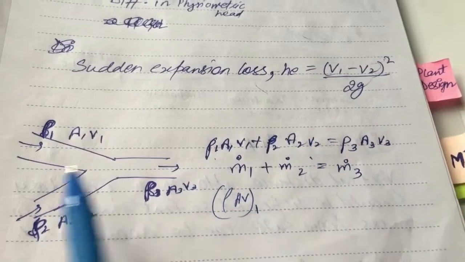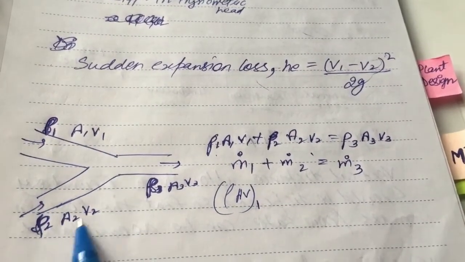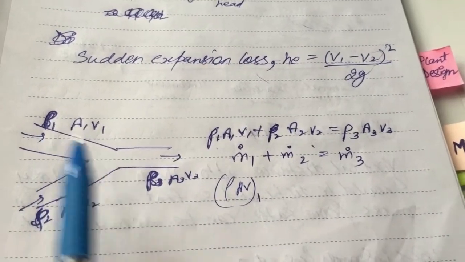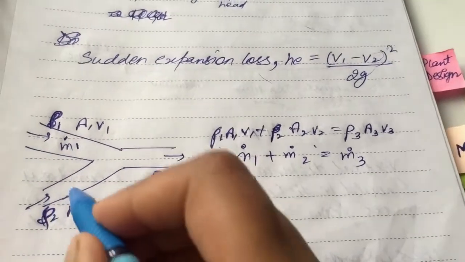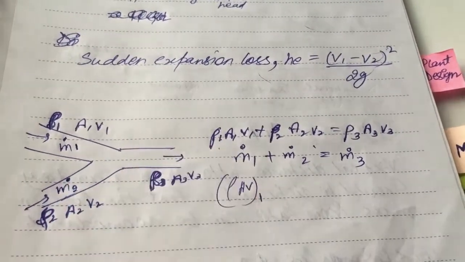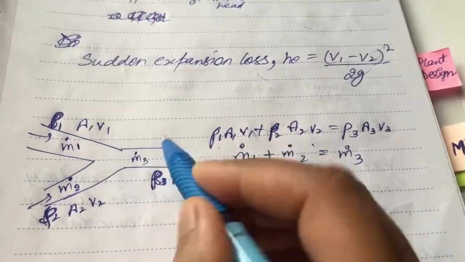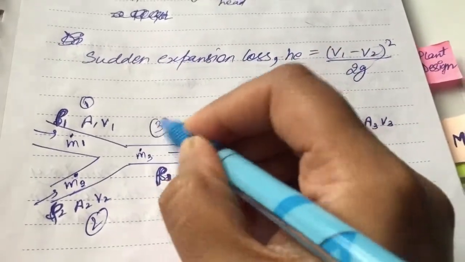So in this case rho 1 A1 V1 plus rho 2 A2 V2 would be equal to rho 3 A3 V3, and the mass flow rate of pipe 1, M1 dot, and the mass flow rate of pipe 2, their sum would be equal to the mass flow rate of pipe 3. This is pipe 1, pipe 2 and pipe 3.